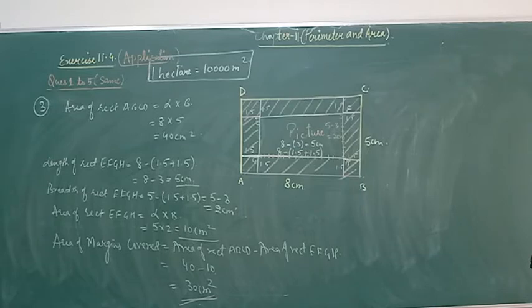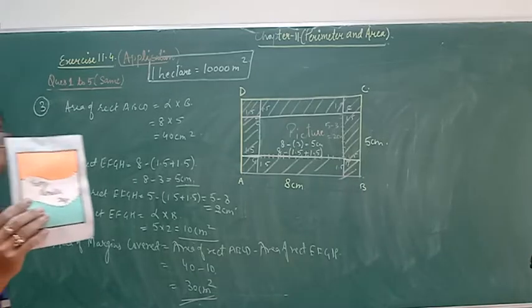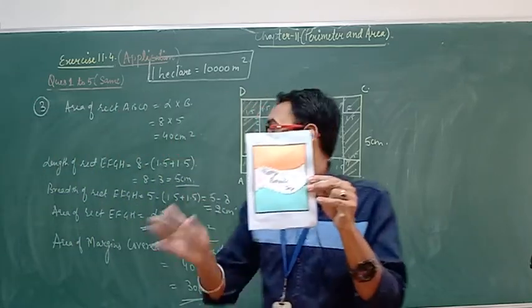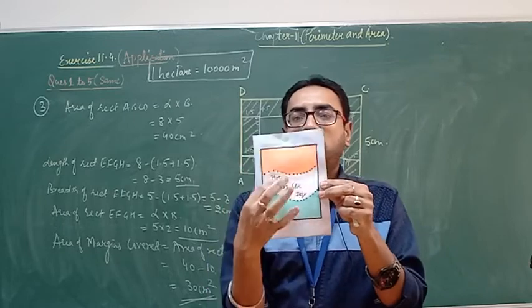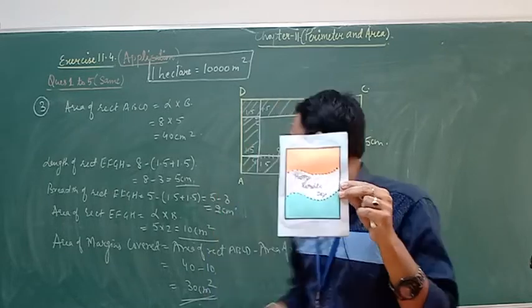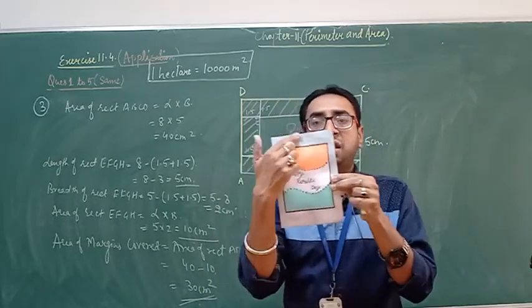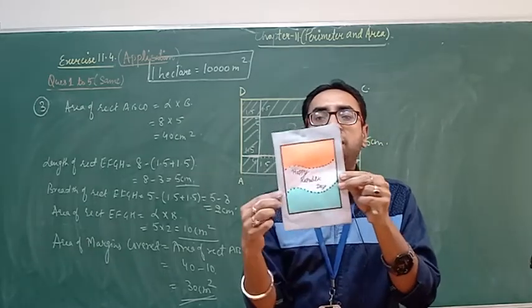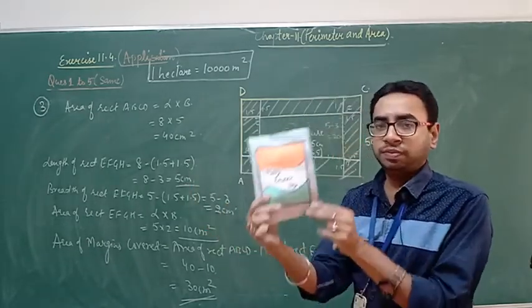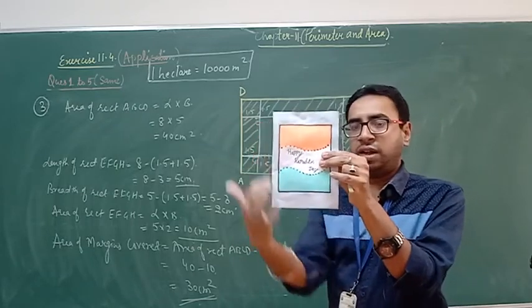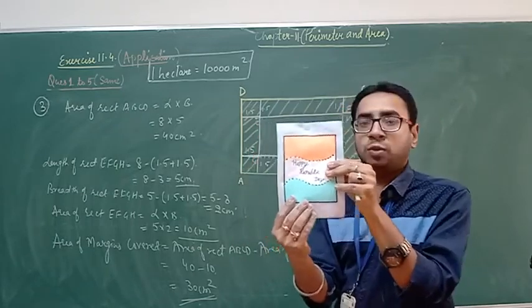Just look at this. This is exactly this question. Cardboard, picture, the margin. We have found that 30 centimeter square is this area I'm talking about. This area is the margin. Are we clear? This question is an exact replica of this particular thing. Any doubt anyone is having with this question?